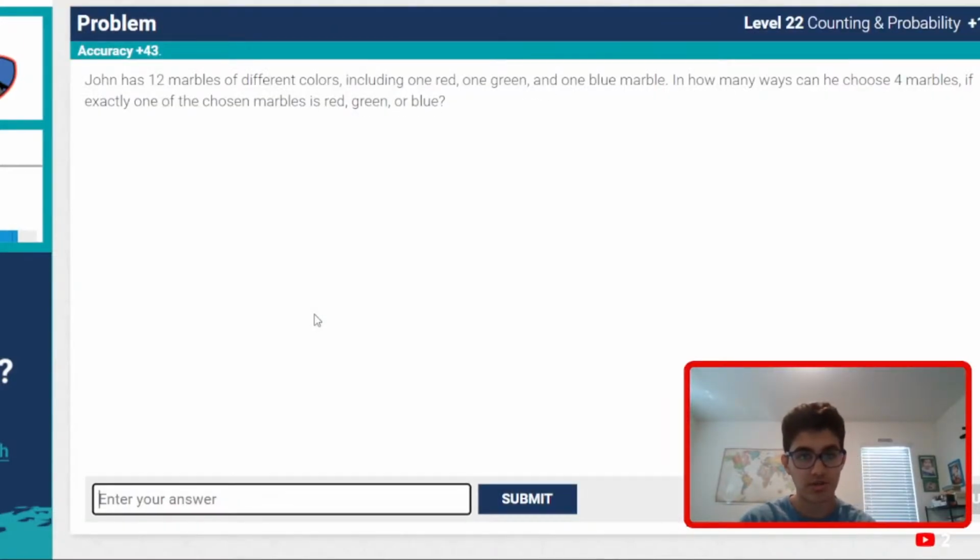John has 12 marbles of different colors, including one red, one green, one blue. In how many ways can he choose 4 marbles if exactly one of the chosen marbles is red, green, or blue? So you can choose the red one.